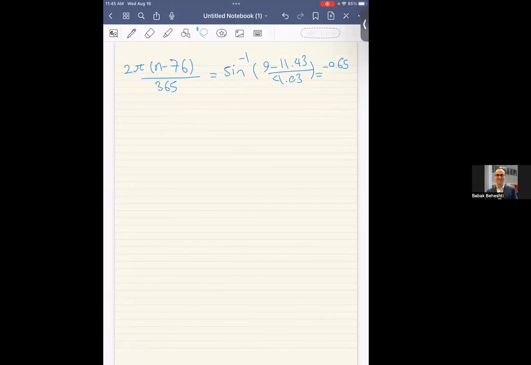Okay. So there are two solutions. One is minus 0.65.